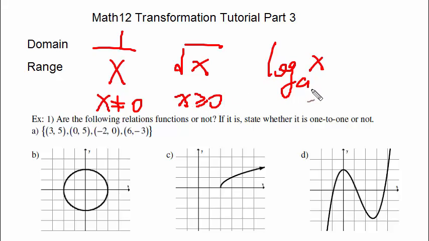And for the logarithm, x must be bigger than 0. Memorizing this is always true. So whatever the domain, the denominator cannot equal 0, inside the square root it must be bigger than or equal to 0, and the x inside the logarithm must be bigger than 0 only, not equal to 0.